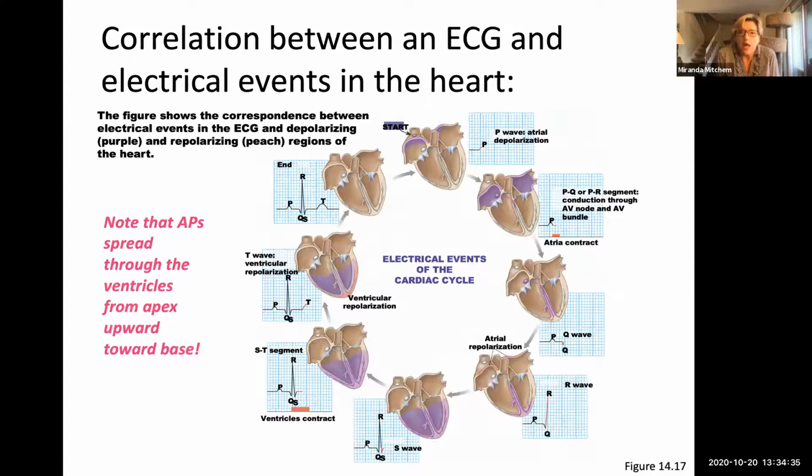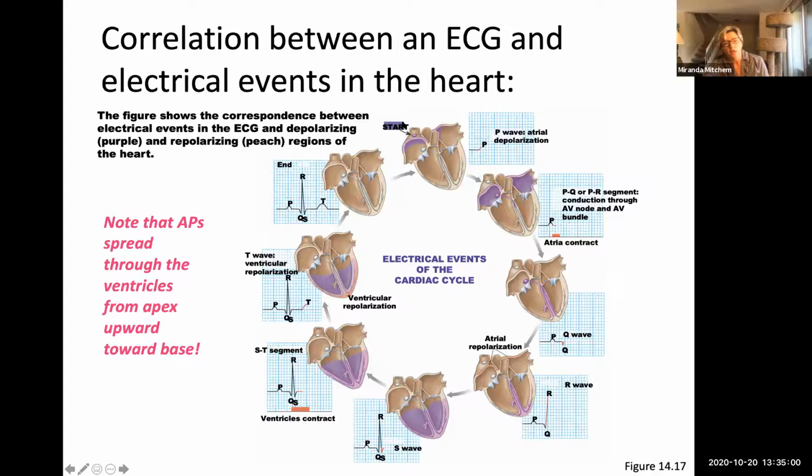Okay, so now let's tie together the different events on the EKG with the electrical conduction. We're looking at the same figure we looked at a little while ago when we were studying the movement of the SA to the AV, to the AV bundle, to the bundle branches, down to the Purkinje fibers. But now we're overlaying it with the EKG.